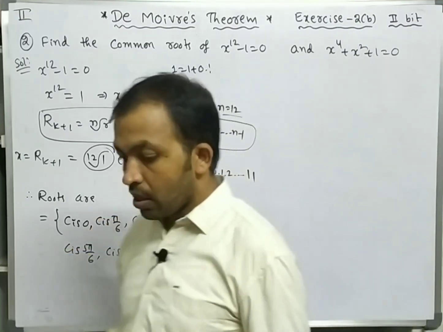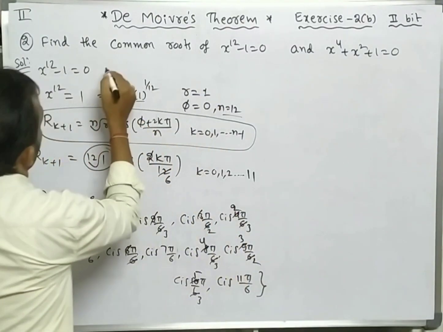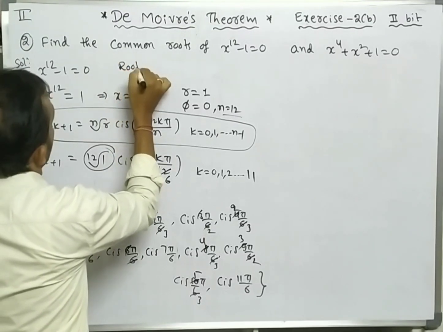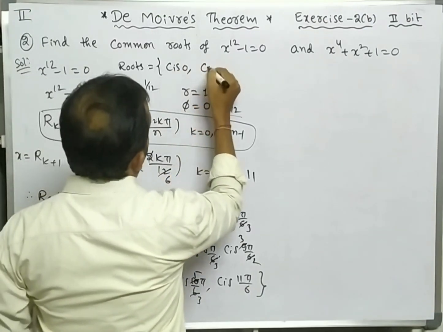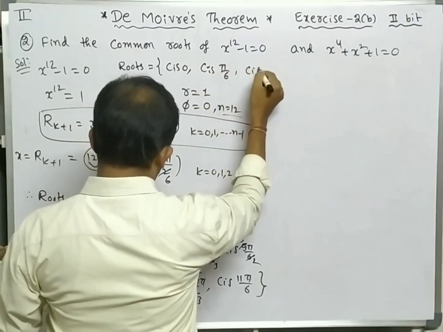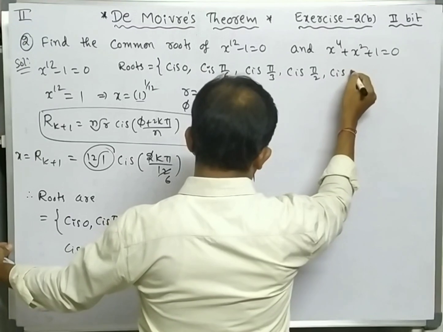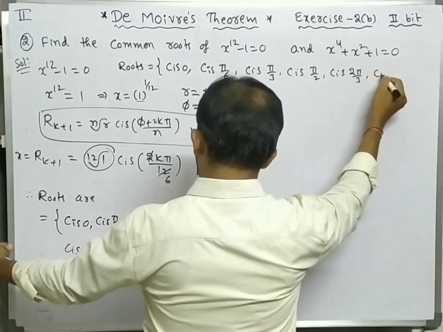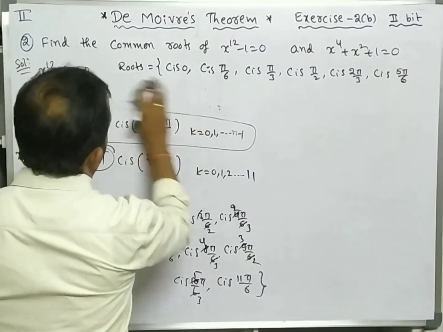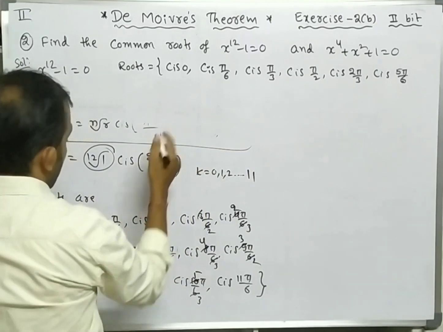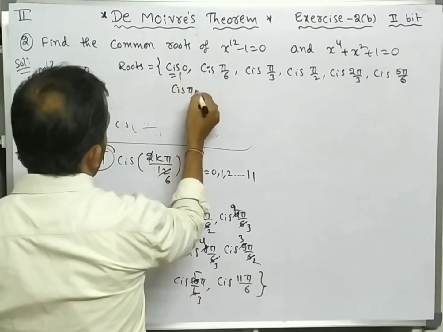So in this case, I am writing x^12 minus 1 equals 0. Then what are the roots? cis 0, cis π/6, cis π/3, cis π/2, cis 2π/3, cis 5π/6, next cis π. Here cis 0 is 1, since cos 0 is 1, and cis π is minus 1.